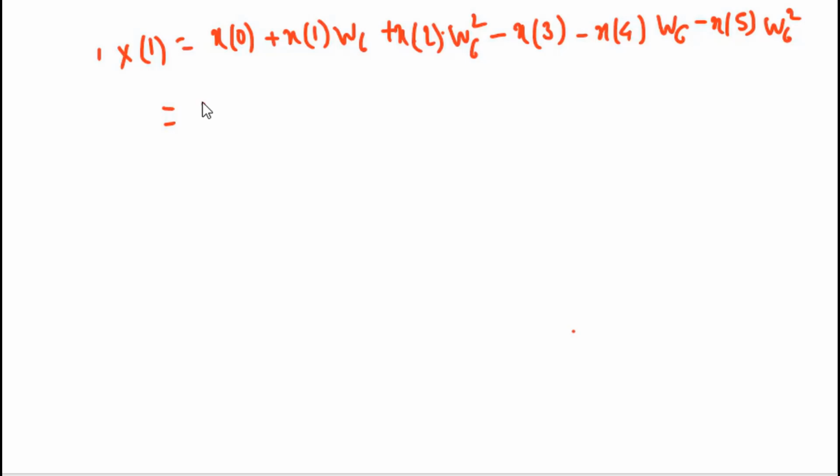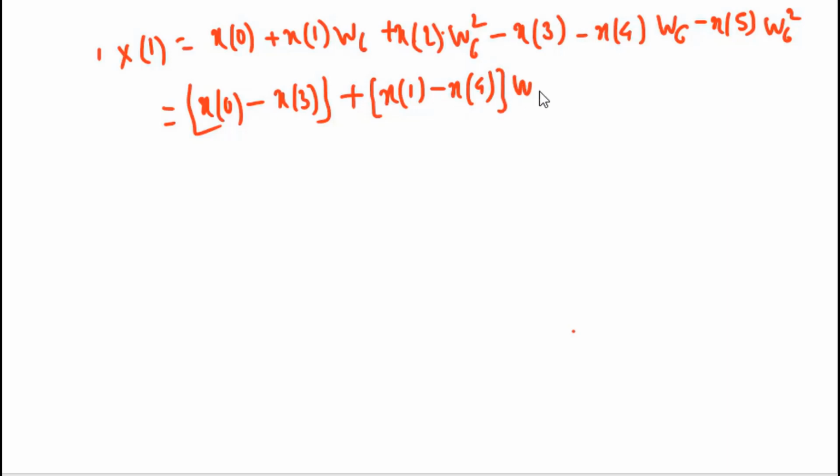By rearranging this, you will get x of 0 minus x of 3, plus x of 1 minus x of 4 times W6, plus x of 2 minus x of 5 times W6 squared.